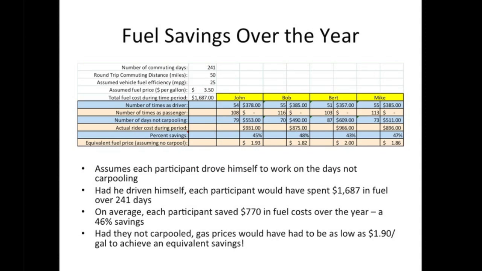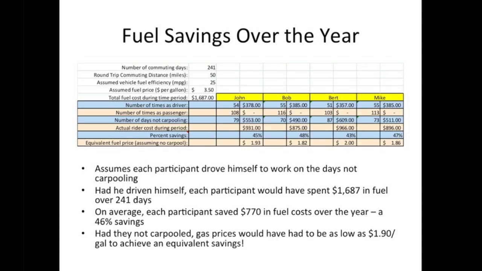But here's the money slide, and that is how much is this going to save me? Here's the actual savings broken out. This assumes that each participant drove himself to work on the days not carpooling. That wouldn't necessarily be the case, but it's a pretty fair assumption to make.